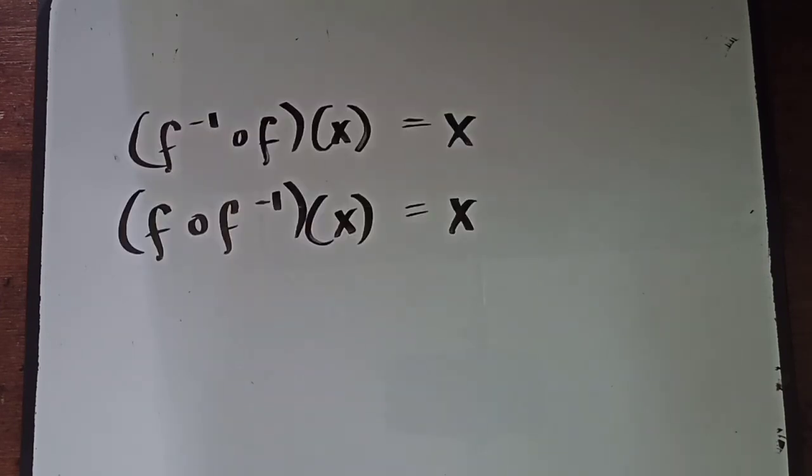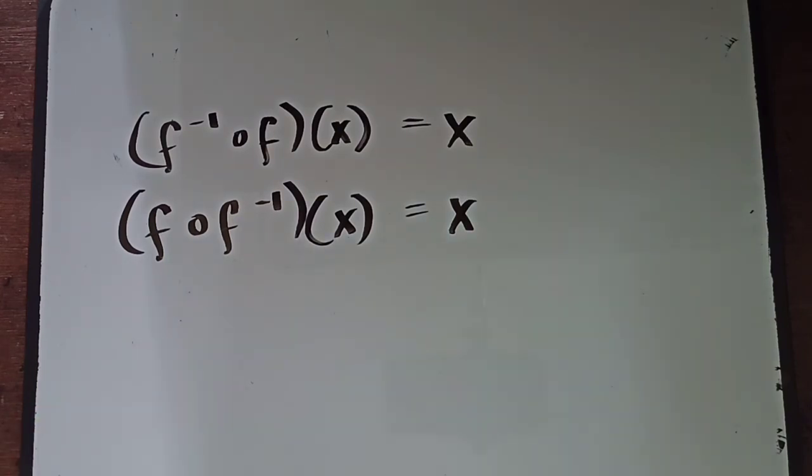Okay, so now to verify if the two functions are inverses of each other, you can use the composition of function. Okay? So a one-to-one function, f and its inverse, f raised to negative 1, have these following properties. Okay, so the two properties are f raised to negative 1 circle f of x is equal to x, or f circle f raised to negative 1 of x is equal to x.